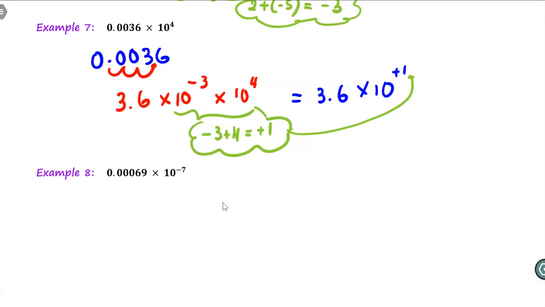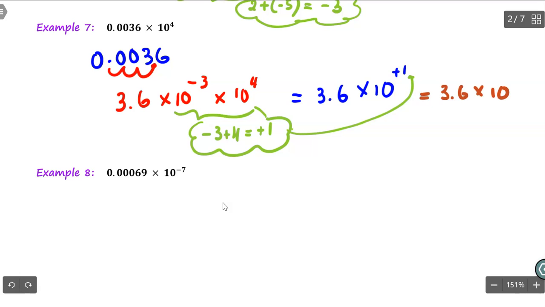The reason I paused is because I want to let you know that there is nothing wrong with writing it like this. It still presents the number in scientific notation. In this case, the 1 can be invisible. If you just write 10, it's assuming that it's 10 raised to the exponent 1, or 10 raised to the exponent of positive 1.